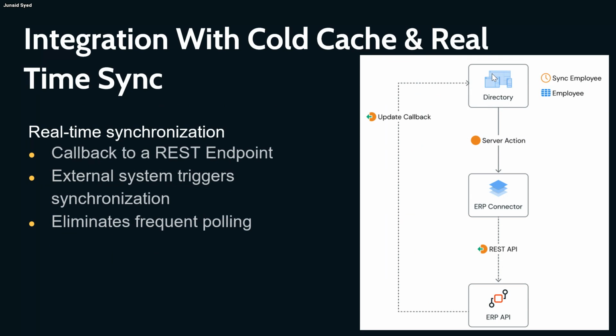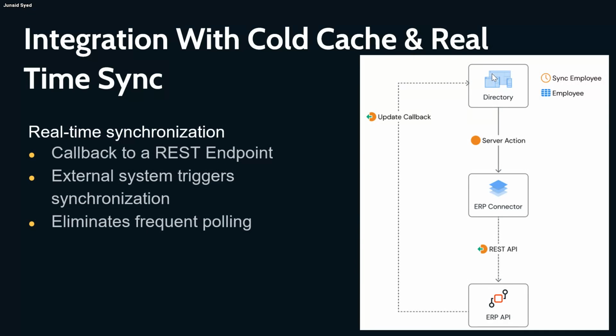Now, like in the previous scenario, there was a downside that if any update happens in the data on the ERP system between any two sync intervals, then the employee entity won't have the updated data until the next sync happens.